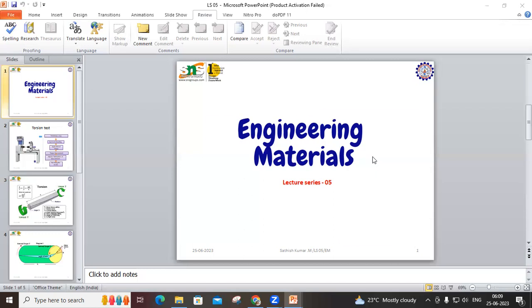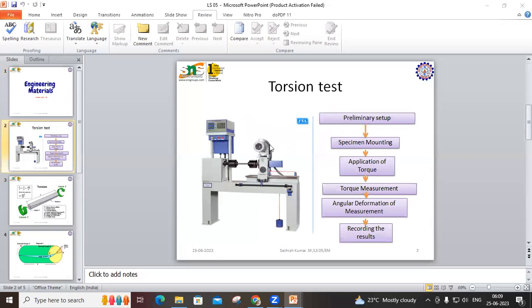Let us look at the setup of the torsion test, where there is a motor to drive this round rod. Torque is defined as the twisting force applied, equal in magnitude across the tangents of the circle obtained at the cross section of the bar.